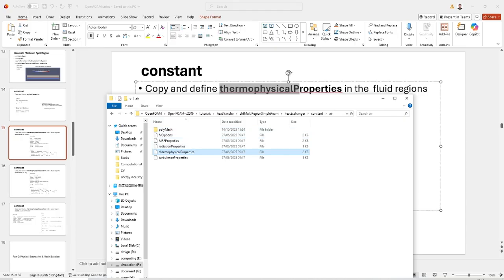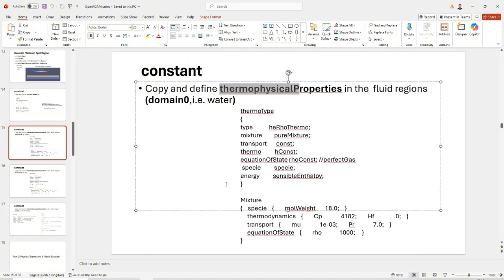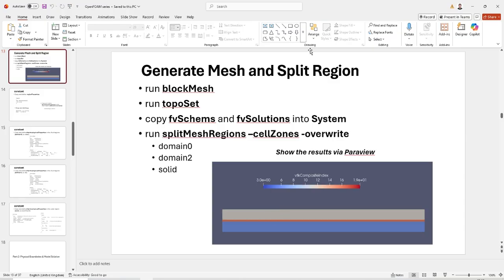Domain 2 is really for air. If you still remember, the above is domain 2. I can directly write here, this is 2 and this is 0. So that's 0 for water and 2 for air.